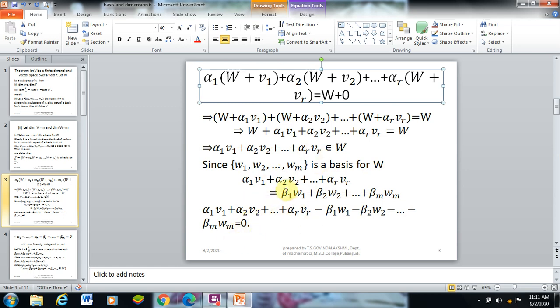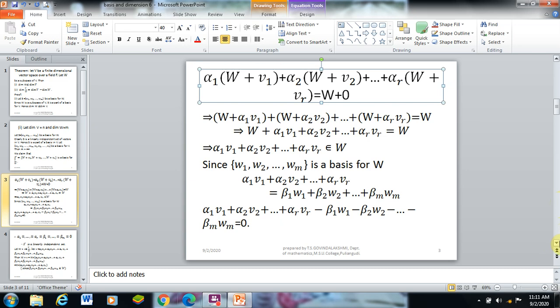So in this way, alpha 1 v1 plus alpha 2 v2 plus alpha r vr minus beta 1 w1 minus beta 2 w2, etc., minus beta m wm equals 0.